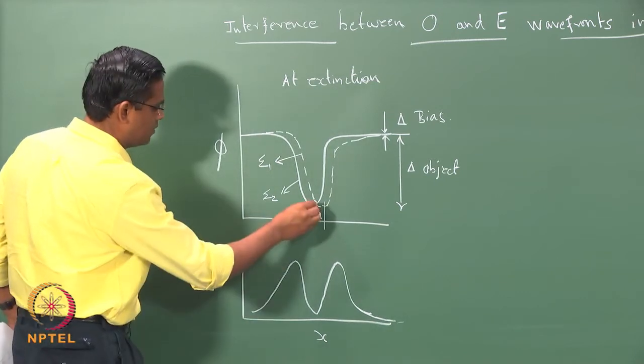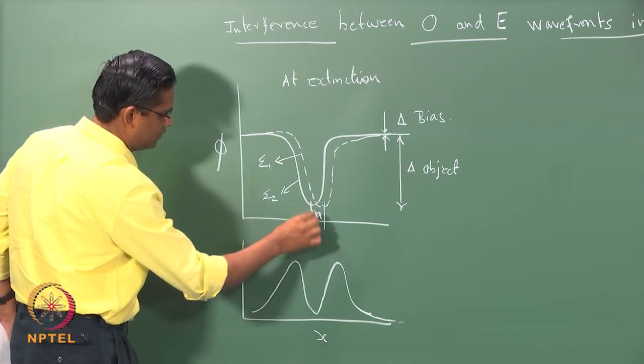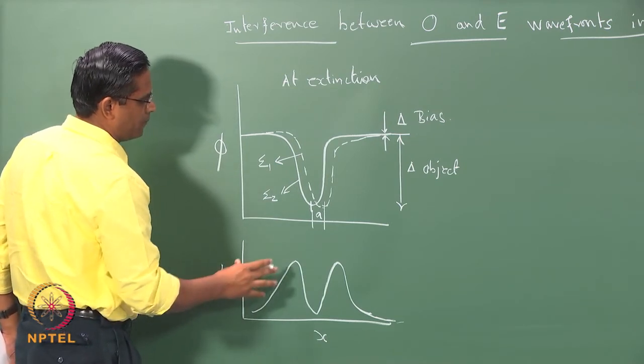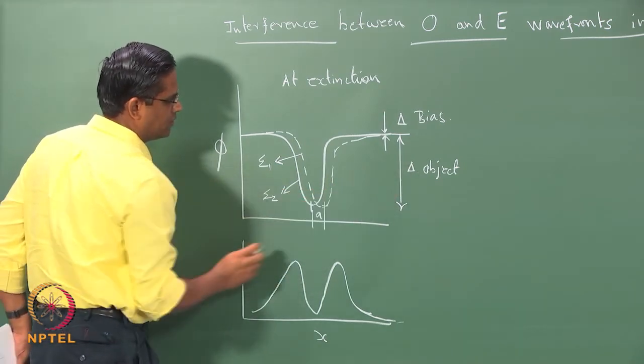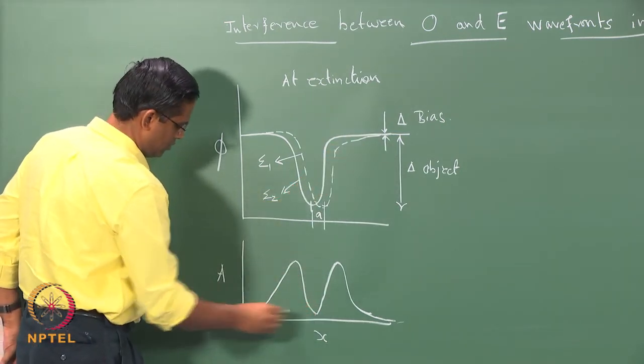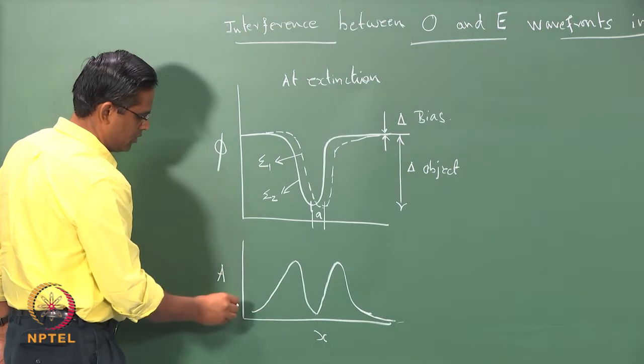Since these two rays are not retarded enough, that is delta is almost 0, you see that there is no amplitude contrast here.